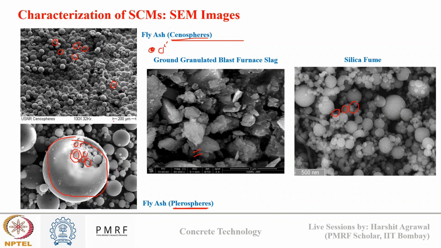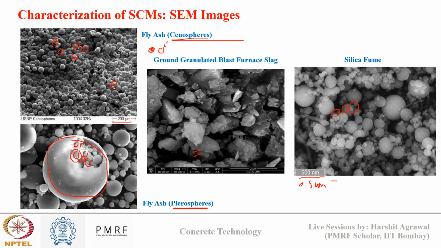In fly ash cenosphere, the scale is 200 micrometer, whereas in silica fume the scale is 500 nanometer, which is equivalent to 0.5 micrometer. So whatever image you are seeing here has a scale of 0.5 micrometer.